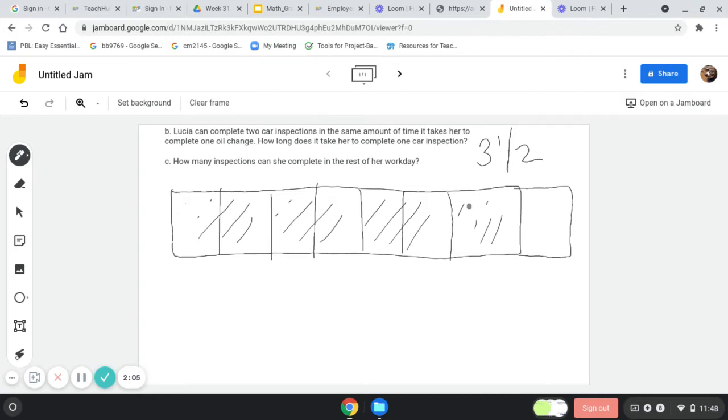We were able to make 7 halves, which means that Lucia was able to do 7 oil changes within those 3.5 hours. So 7 oil changes.